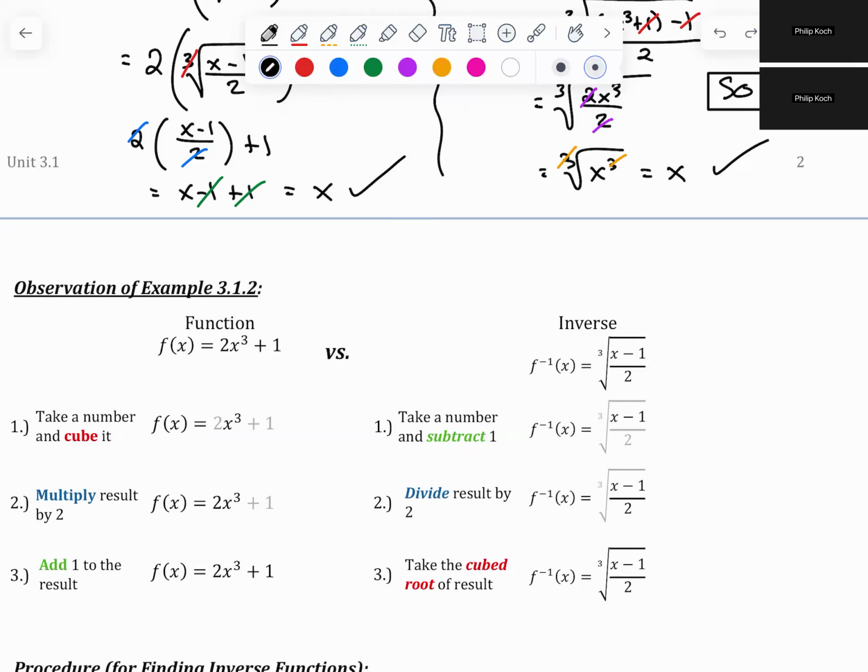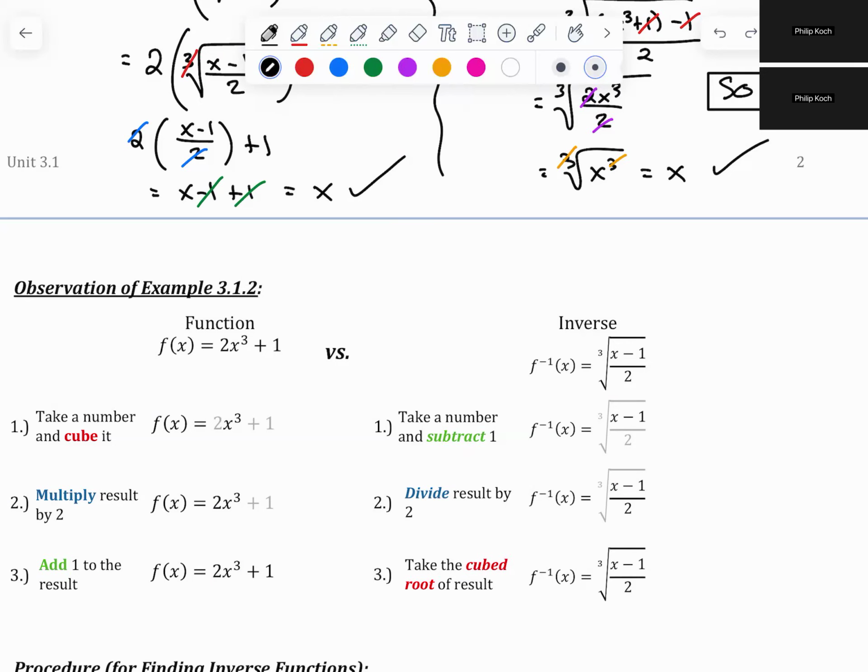And so the original function, f, takes a number, cubes it, then multiplies it by 2, and then adds 1. Whereas the inverse function takes a number, subtracts 1, then divides that result by 2, then takes the cubed root.